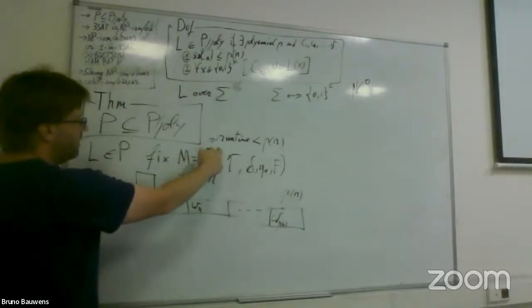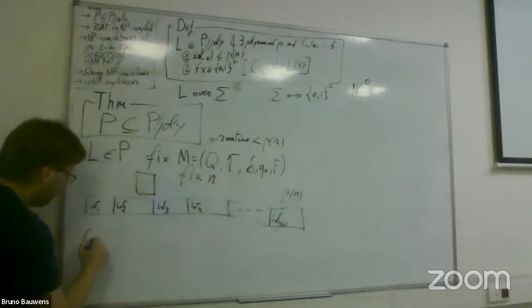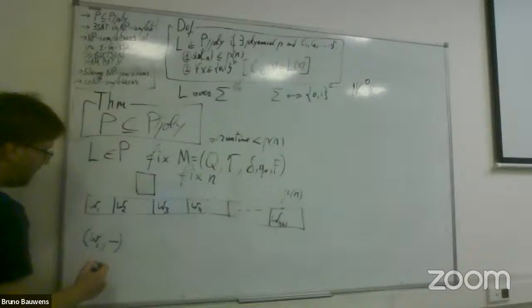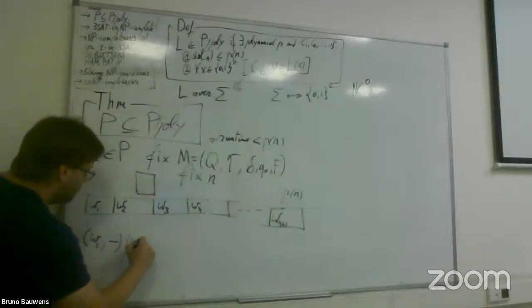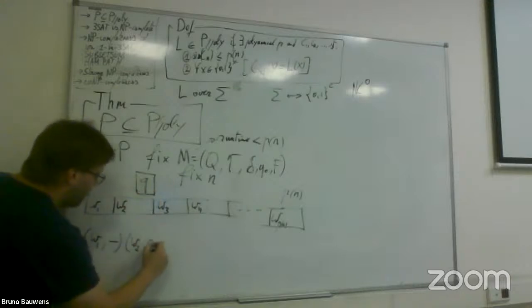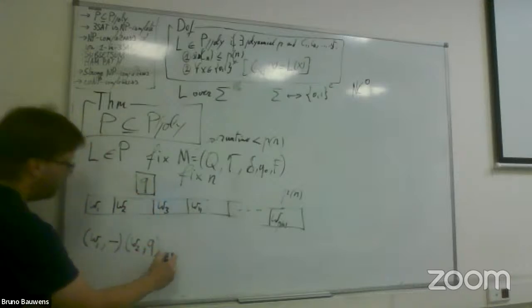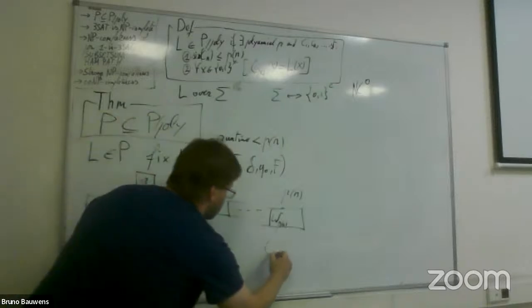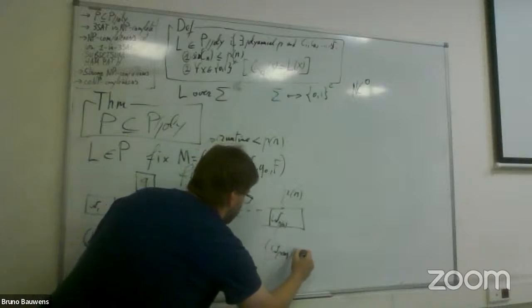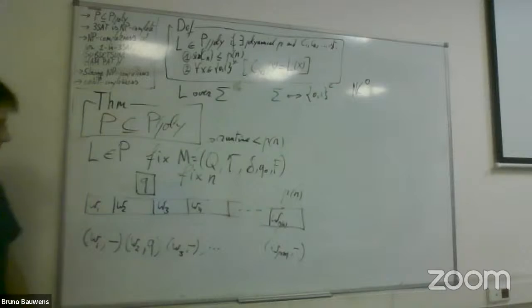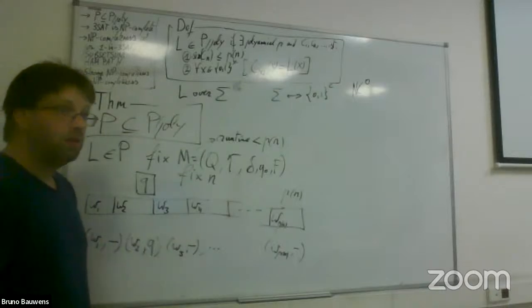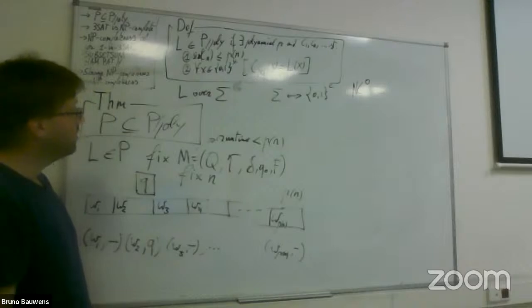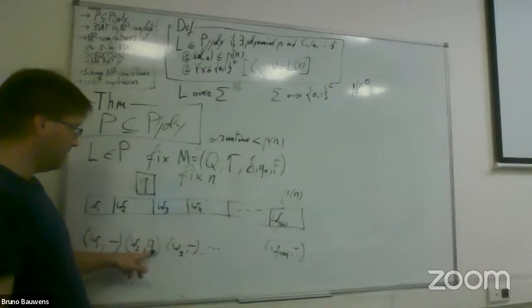Let us say that dash is not a symbol from Q, and we will encode each cell as the contents of the cell and a dash, except for the cell where the machine is located. If the machine has state Q, we write Q here. Then we have W3 and a dash, and so on, up to WP of n and a dash if the machine is not there. So for each cell we have a pair: the word, and a dash if the machine is not there, or the state if the machine is there.